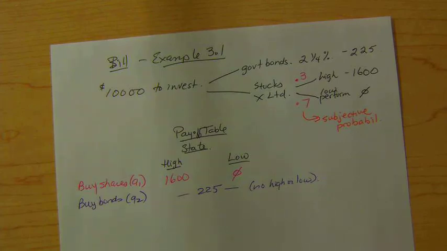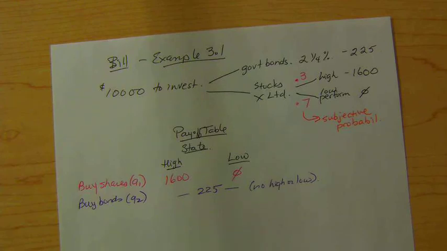Subjective, on the other hand, because Bill's putting everything he knows about the company X Limited into those probabilities. So he read the previous financial statements, the MD&A, any press releases the company's put out, that kind of stuff. That's subjective. If we all looked at X Limited information, would we all have the same probabilities as Bill? No, not a chance, because we've got our built-in biases, our built-in way of looking at things, okay?